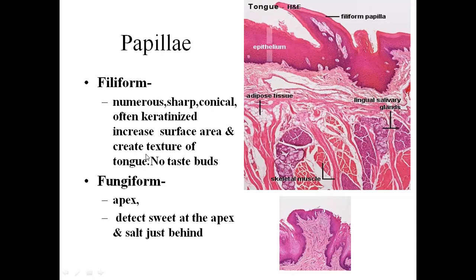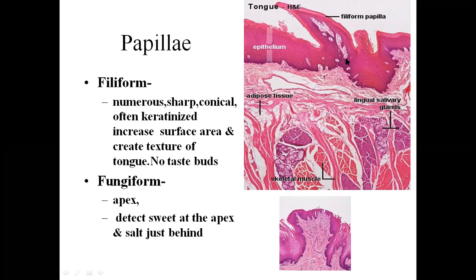They increase the surface area, and the rough texture of the tongue is produced by these filiform papillae. In the histological picture, we usually do not have taste buds in filiform papillae.